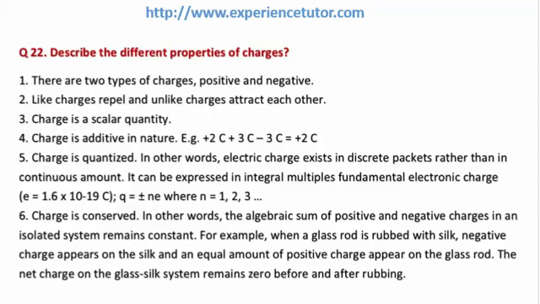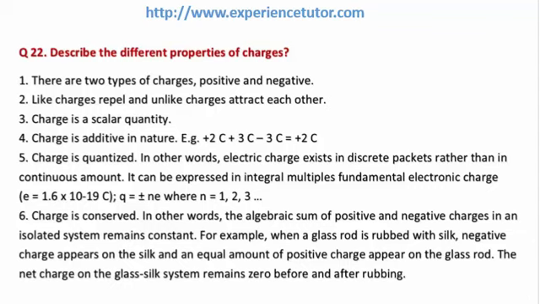It can be expressed in integral multiples of the fundamental electronic charge e, where e is equal to 1.6 times 10 to the power minus 19 coulomb. Q is equal to plus or minus n e, where n is equal to 1, 2, 3, and so on, any natural number.